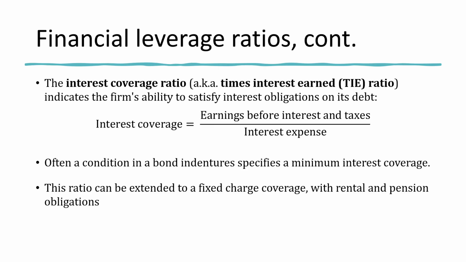When you do that, however, keep in mind that in the numerator, you want what is available to pay what is in the denominator. So if you're, for example, going to include rental expense in the denominator, then you need earnings before interest, taxes, and rental expenses. So you have to make sure that the numerator and denominator are consistent.